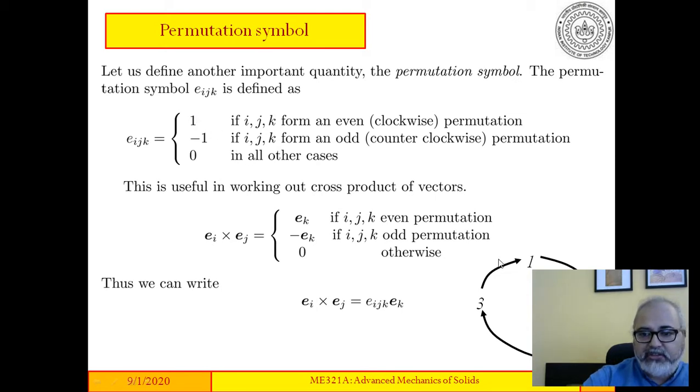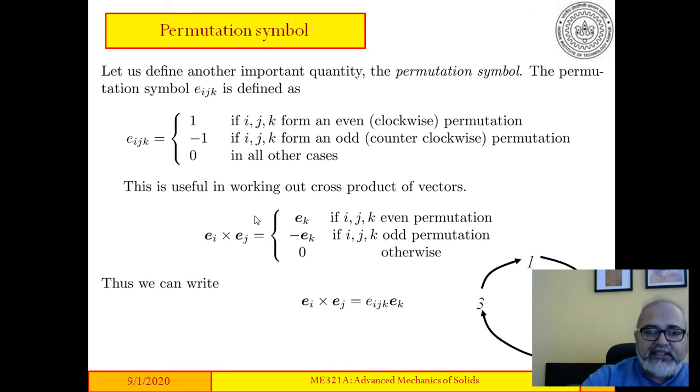Anti-clockwise permutations, so 1, 3, 2, 3, 2, 1, 2, 1, 3 will give you minus 1, and all other cases where any two of i, j, or k are the same will give you 0. Clockwise would give you 1, anti-clockwise would give you minus 1. This is the law that defines the permutation symbol, just like in case of the Kronecker delta.